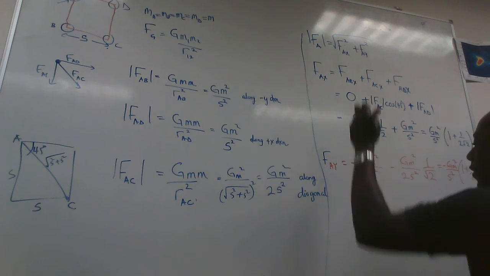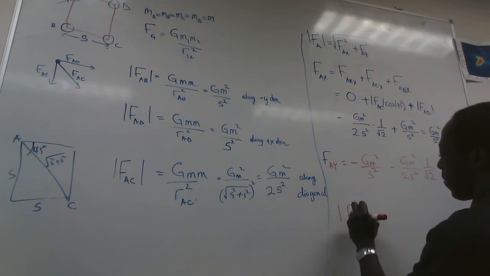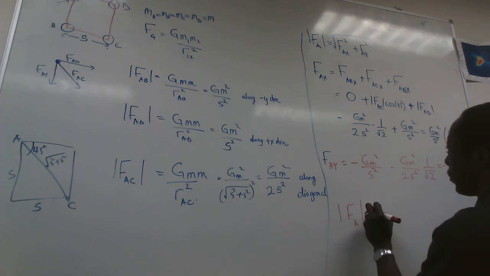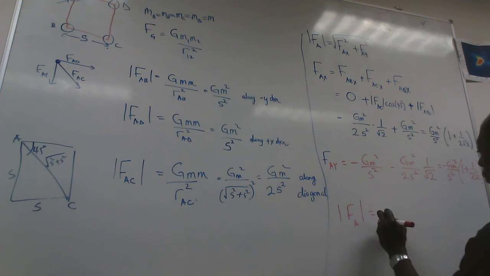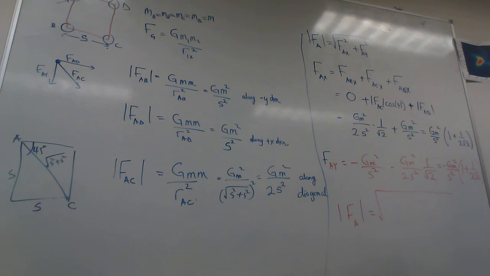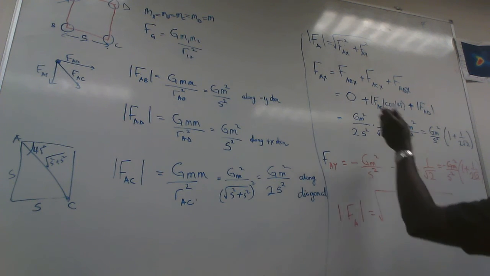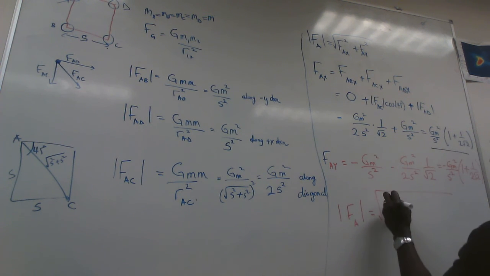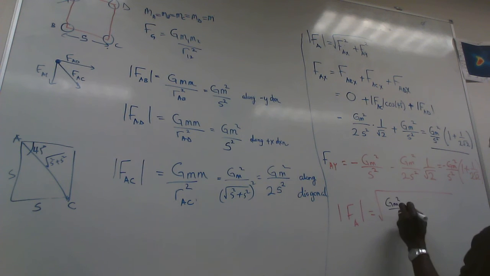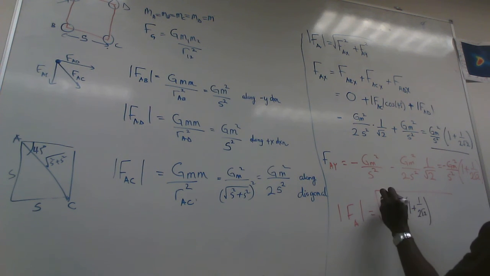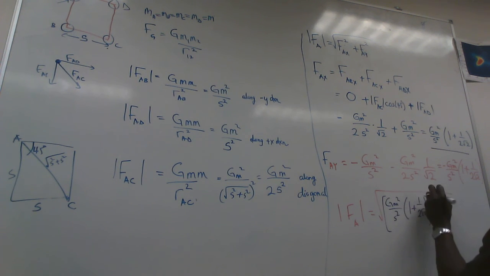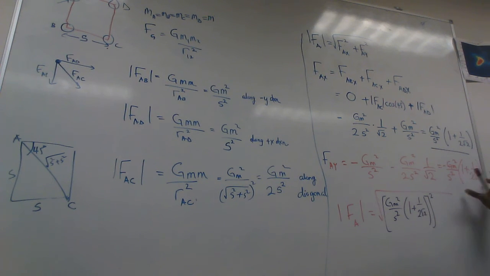Alright, so to find the magnitude FA, we have to take the square root of the FAX component squared plus the y component squared.